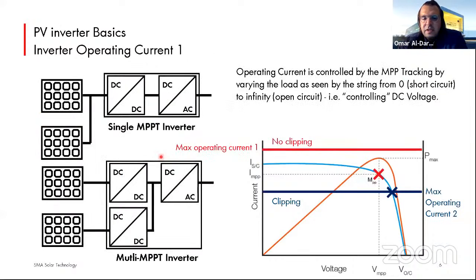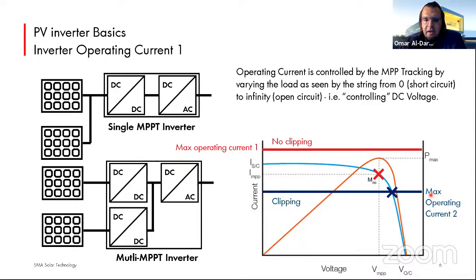The operating current is a different story; it's more stochastic rather than a worst case scenario calculation. You can have a scenario where your module is operating below the maximum operating current of the inverter, which means I'm extracting the maximum power from that string or module.